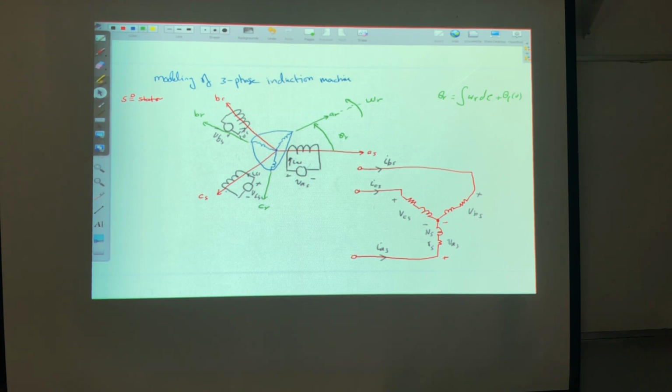Now the same thing, I'm having one for the rotor. Let's assume it's here.